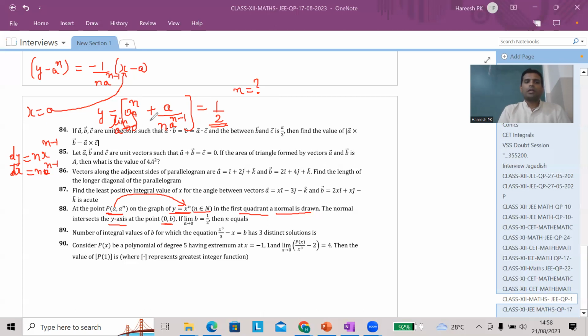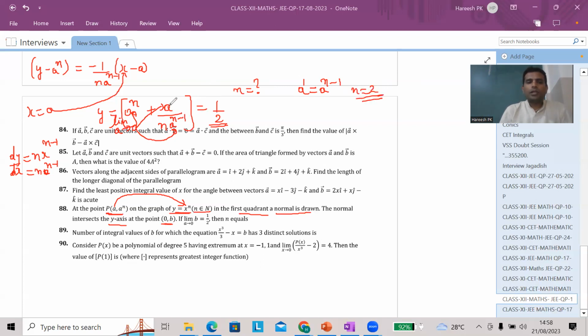But second term will be 0 by 0. Now, when will 0 by 0 not give me any problem? When the zeros get cancelled, meaning a power 1 should be a power n minus 1. So n must be 2.